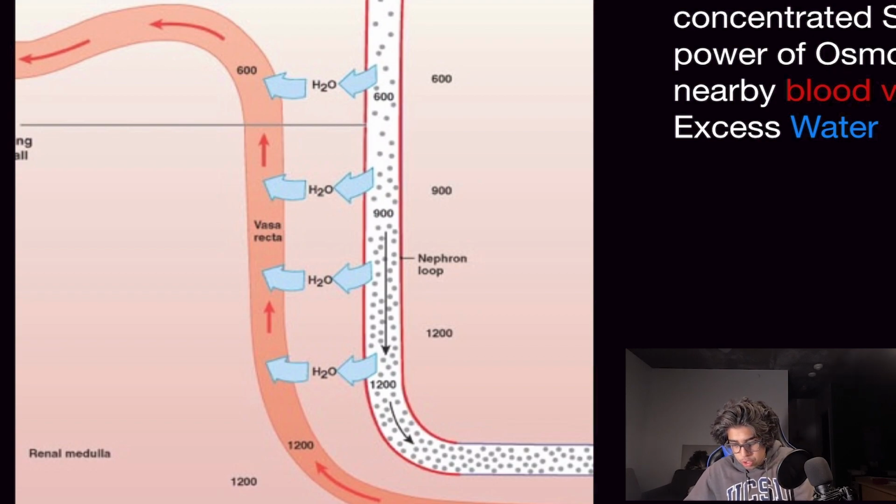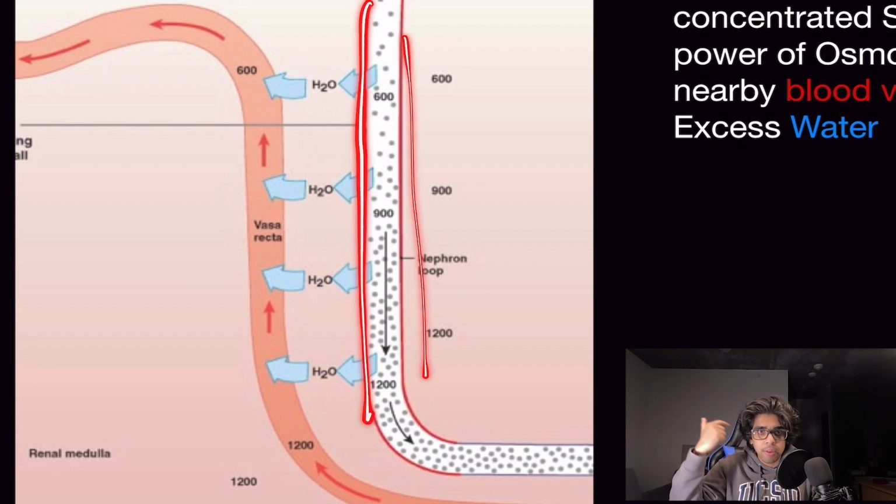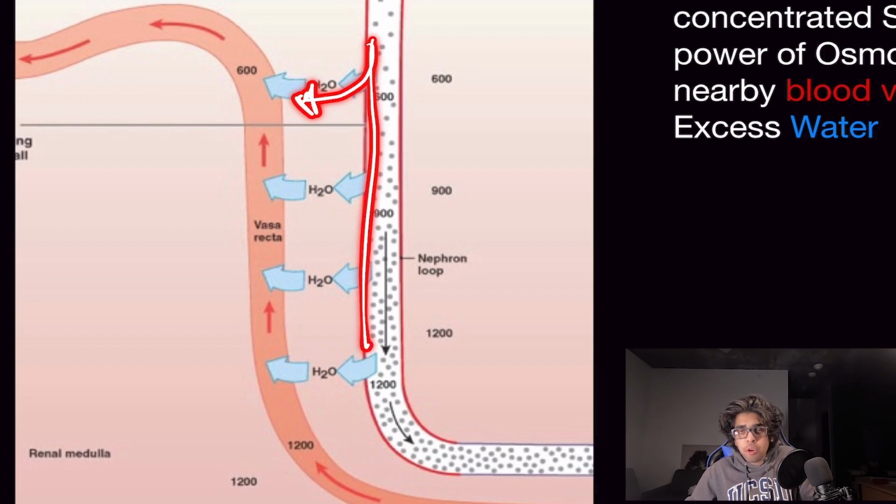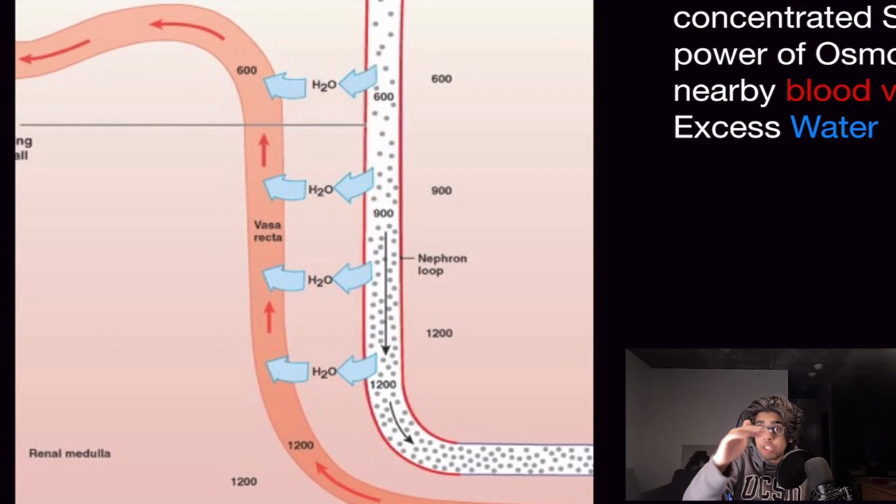Remember, we have a bunch of junk in here: sodium, chloride, potassium, urea, and other stuff like steroids, everything your body needs to excrete. If this is a measure of concentration inside the tube, the more water that leaves, the more concentrated the stuff inside the tube gets. There's less water in there, so the tubular fluid is going to get more concentrated.